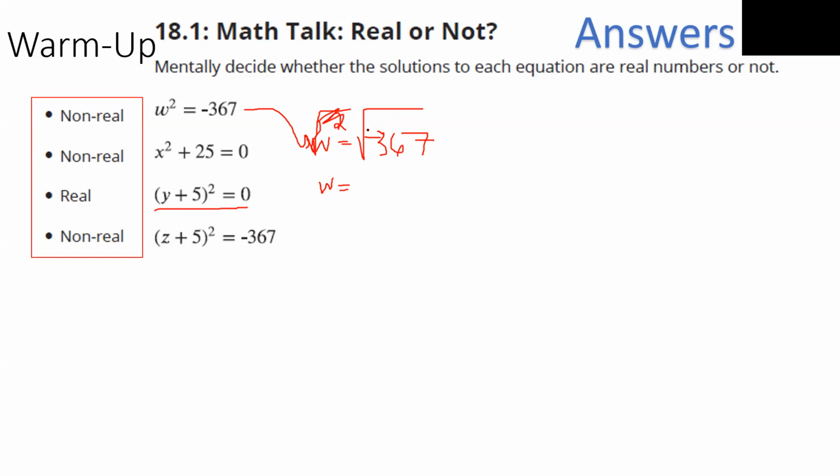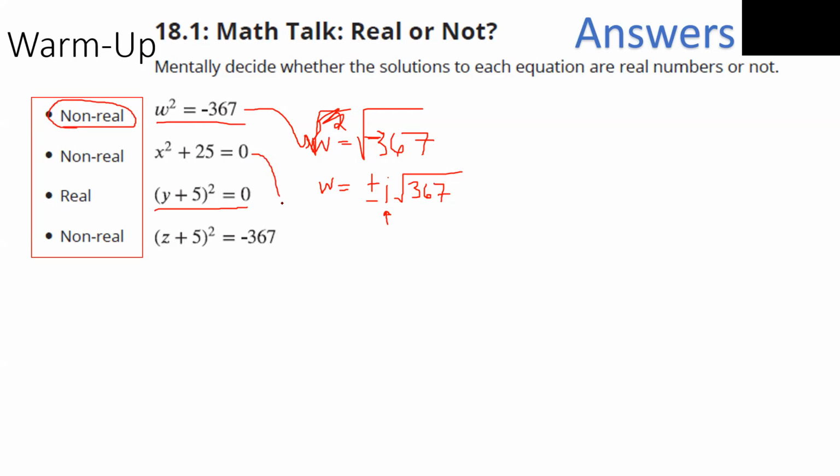We know that whenever you take the square root of a number, you always have a plus or a minus answer. Because we have a negative inside of the square root, I automatically know I'm going to have i. And I don't know what the square root of 367 is, so I'm just going to leave it as the square root of 367. This i automatically makes this equation have non-real solutions.